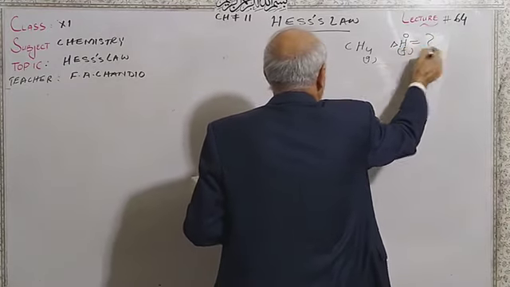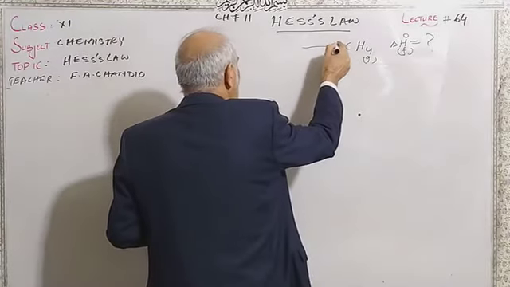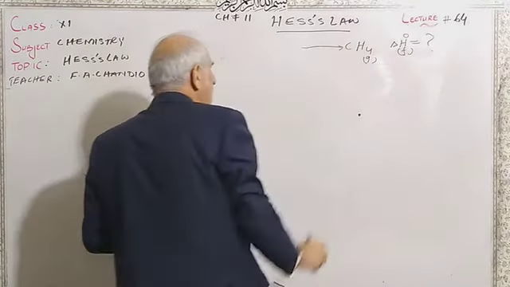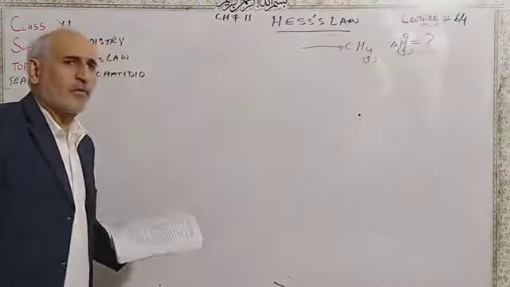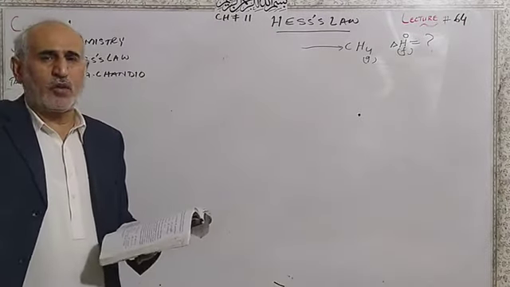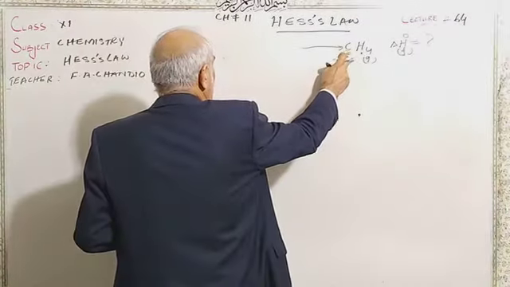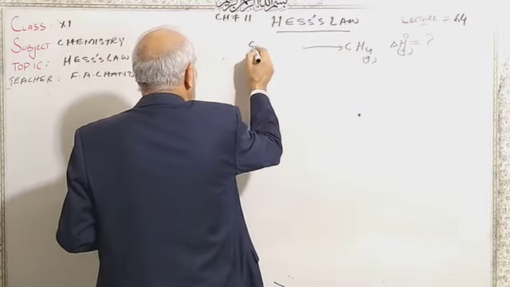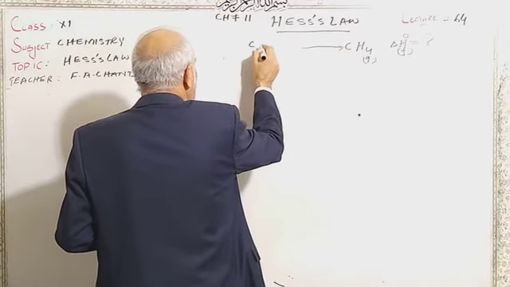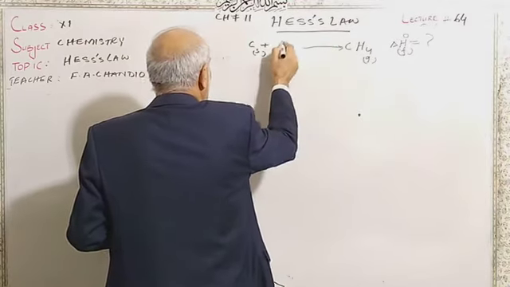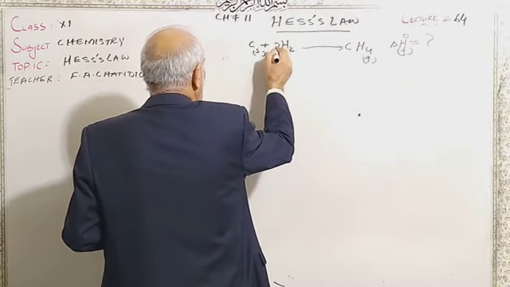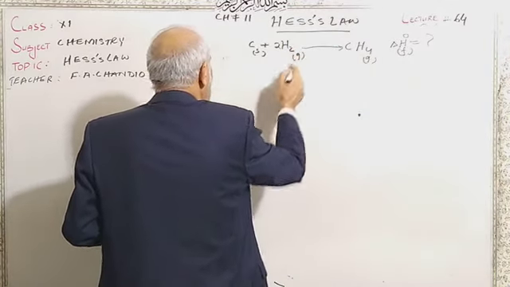So this will either be given in equation form, but mostly they give a descriptive form. It is formed from 1 mole of carbon solid, you must write the standard states, and hydrogen we put as H2 and multiply by 2. So this is the question.